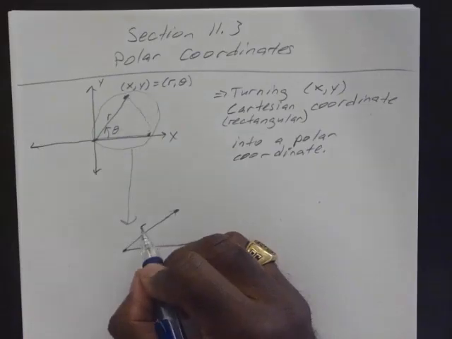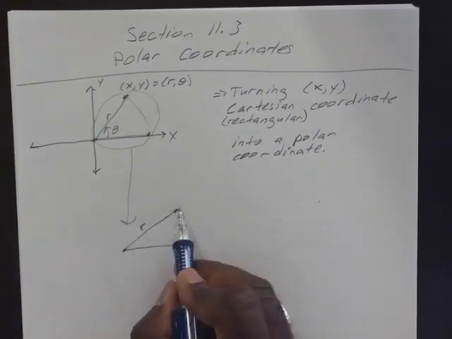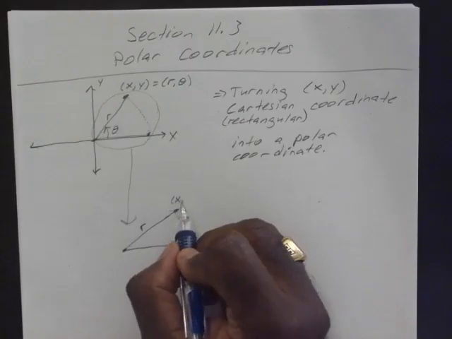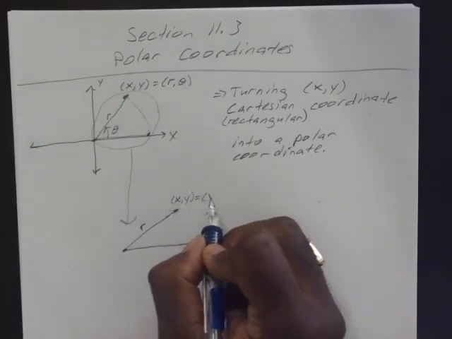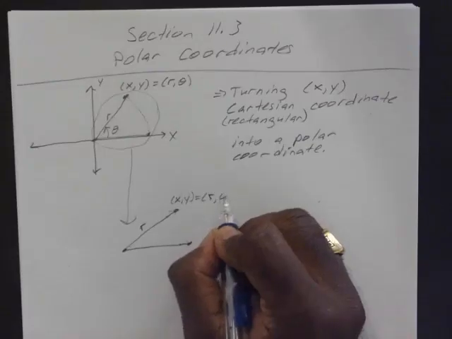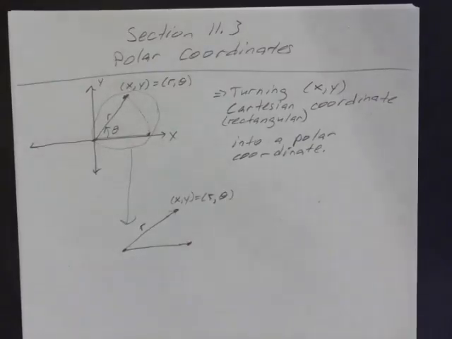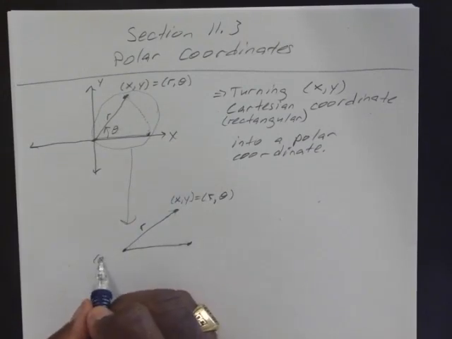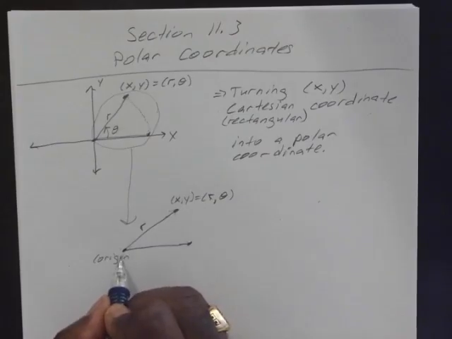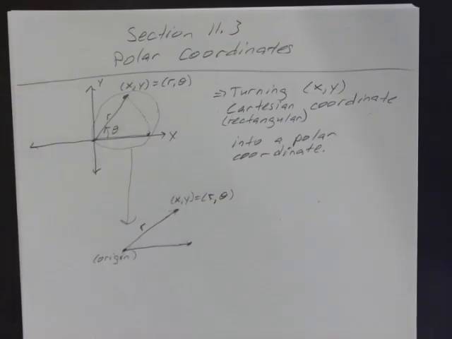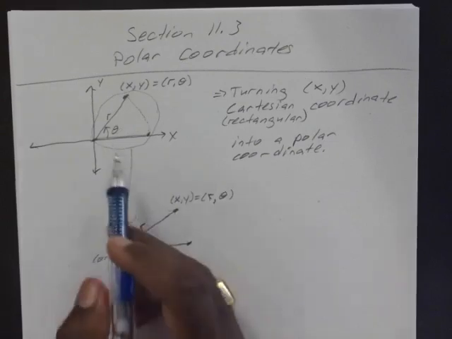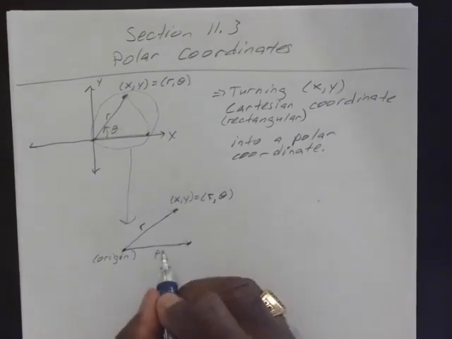Okay, so we know that the distance between your point, XY or R theta, that's your radius. The point where the two line segments meet, that's your origin. And the line where you started, that's your polar axis.